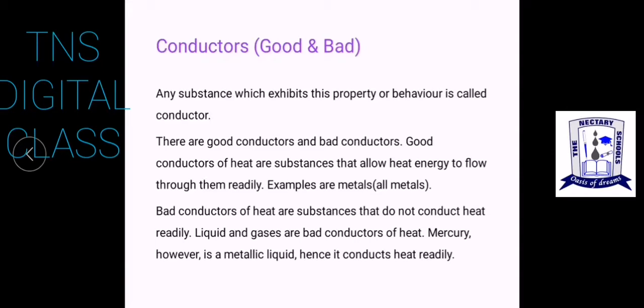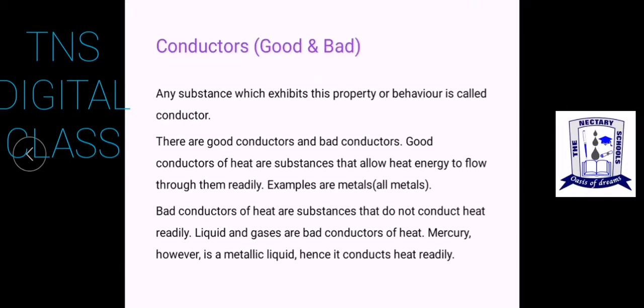The second one is convection, but before we move to it, we need to take a look at our conductors. There are certain substances we refer to as conductors, because it is not all substances that are able to conduct heat energy.